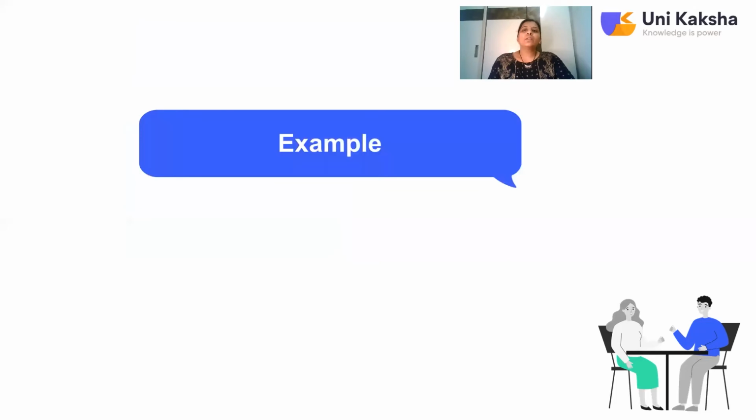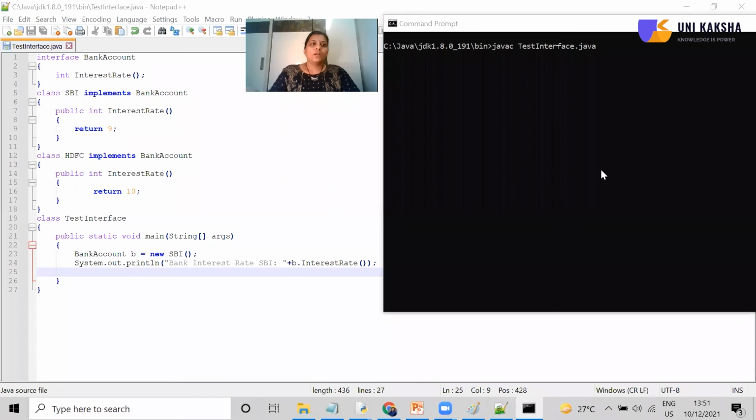Now, moving on with the example, let's try to understand how interfaces work. Here I have written one program. The name of the program is testinterface.java. Here I am going to include a program where two different banks are included, and one method is written which is considered an abstract method.